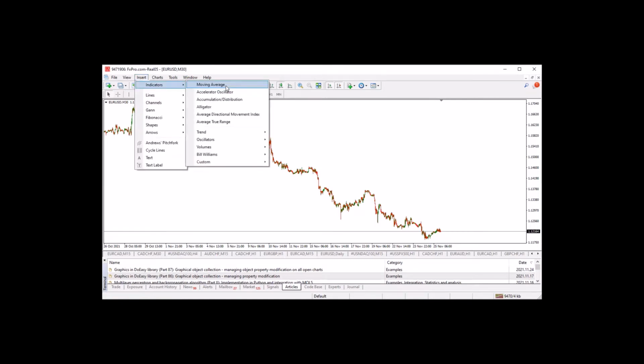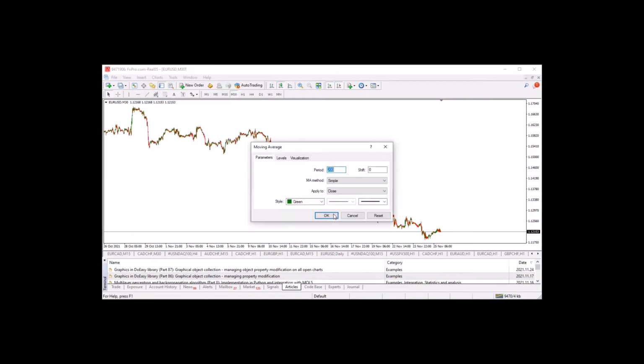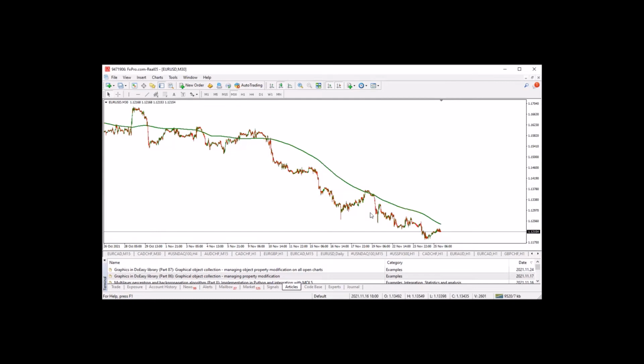The moving average is basically going to tell us where the market is going. If the market is below this line, it means we're obviously going to look at sell opportunities. If it's above, we're going to be looking at buys. Currently, on the 30 minute chart, the market is below.